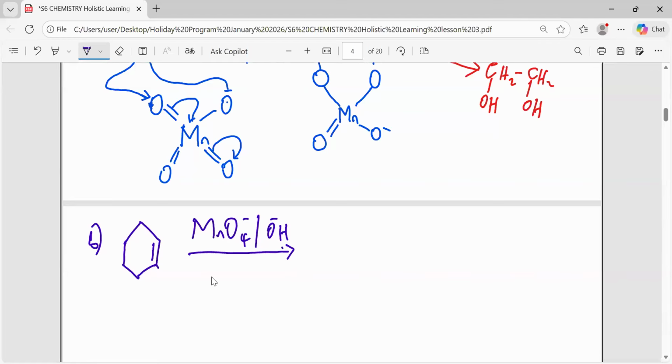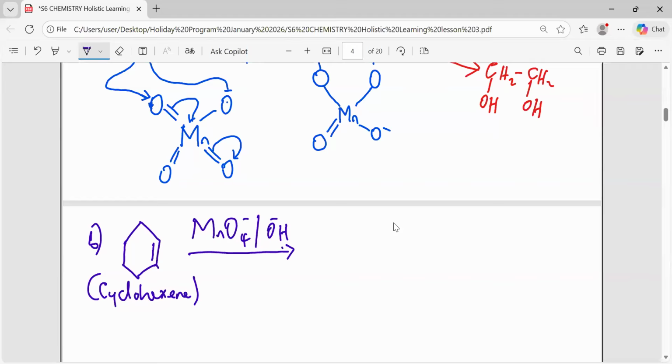Which product can we get here? And before you get the product, what is the name of this reactant? What is the name of this alkene? That's cyclohexene. So which product do we get?